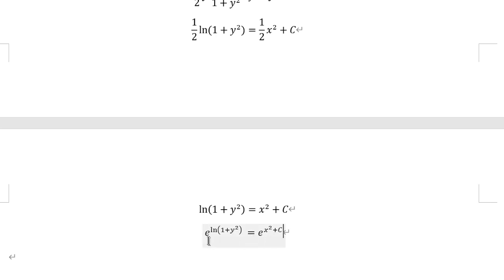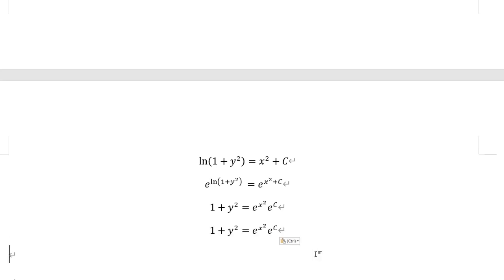Then e and ln cancel, so you have 1 plus y squared. There's another trick here. If you have e to the x squared plus c, that can be written as e to the x squared times e to the c, and e to the c is just some constant, so we can rewrite it as some constant times e to the x squared.